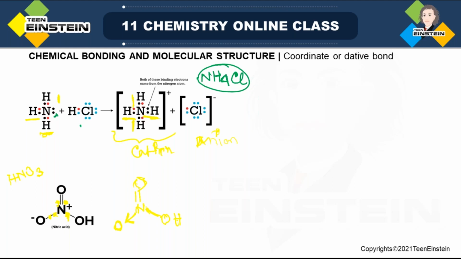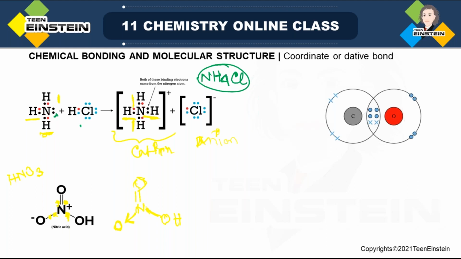That is why there is a negative charge, but nitrogen is giving electrons. Normally we expect that for a bond, 1 electron should be from oxygen and another from nitrogen, but in this case both are coming from nitrogen. So we can give this type of arrow sign, or you can write it as the positive charge on nitrogen and negative charge on oxygen, which is in the first picture already given on the screen.